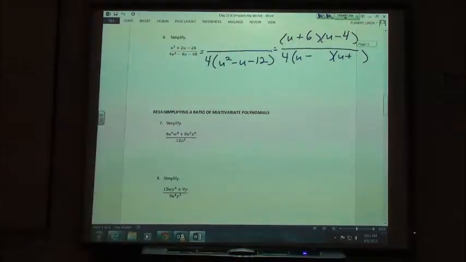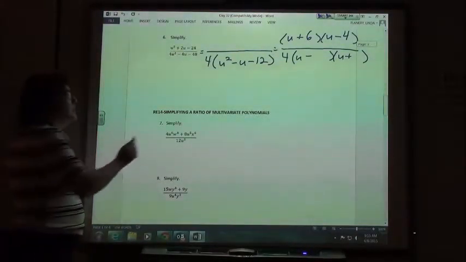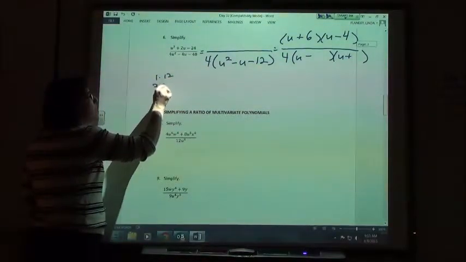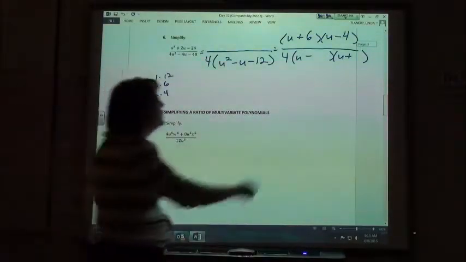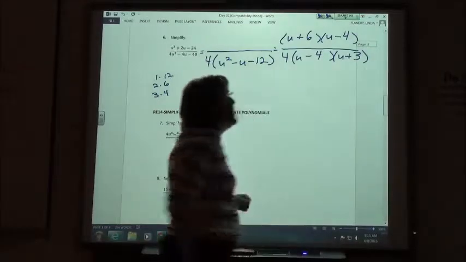A minus U is a minus 1 U. So what pair of factors can we use for 12? 12 and 1 would give us 11 in the middle. My choices for 12, 1 times 12, 2 times 6, or 3 times 4, right? The 4 and the 3. I need to have a minus 4 and a plus 3 to add up to minus 1.